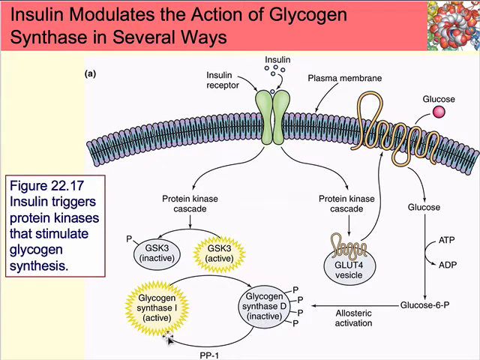Here's the action of PP1, dephosphorylating and activating glycogen synthase. There's also a protein kinase cascade that involves vesicles containing the GLUT4 glucose transporter, and when glucose is imported by this particular transporter, it is phosphorylated to glucose 6-phosphate, which of course exerts allosteric activation on the glycogen synthase D form, the GSD that we talked about.